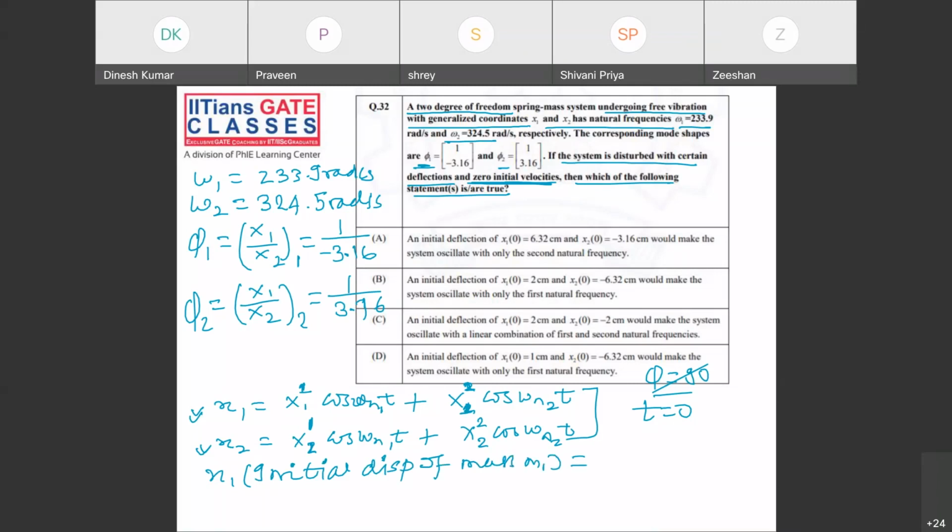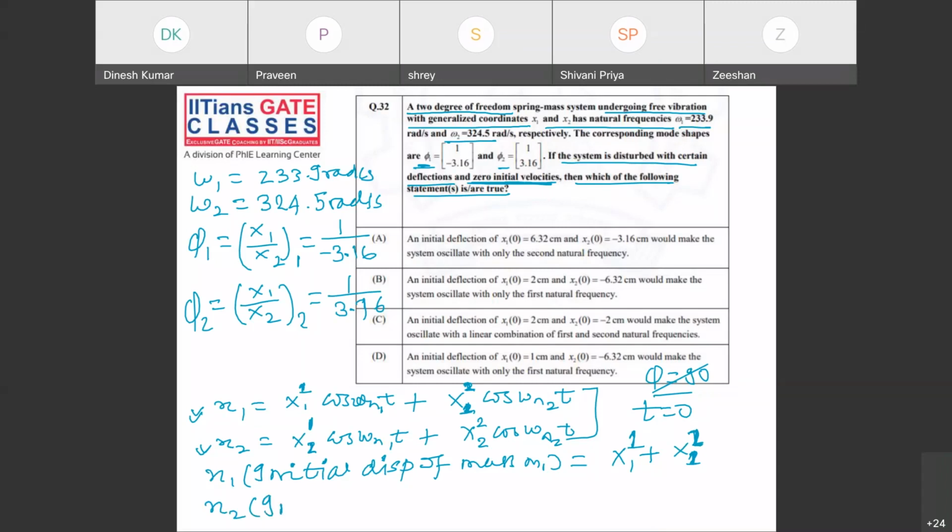So it will become x1 corresponding to first plus x1 corresponding to second. Now what will be x2?